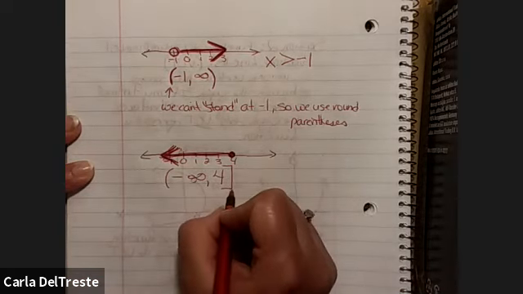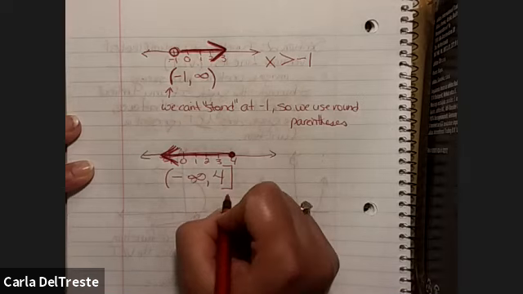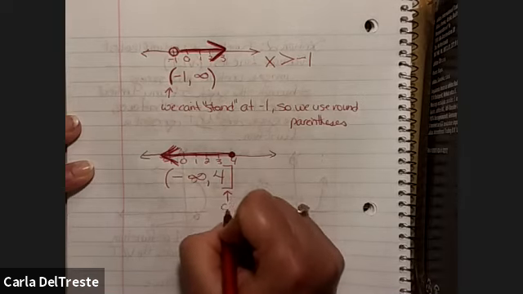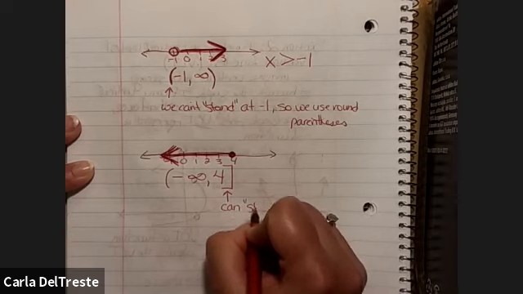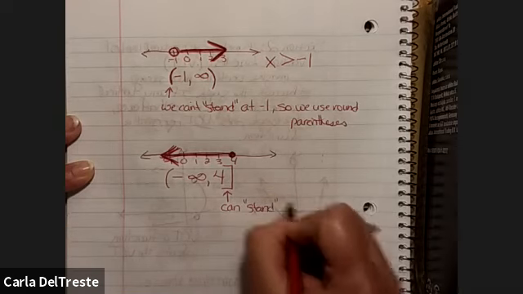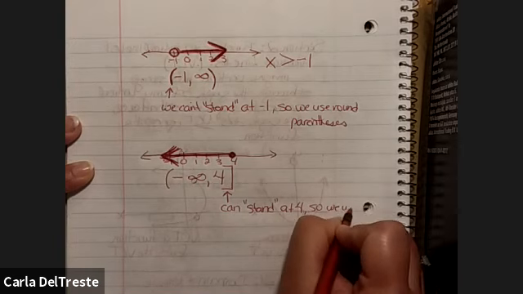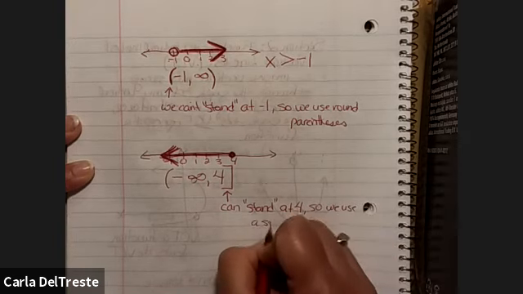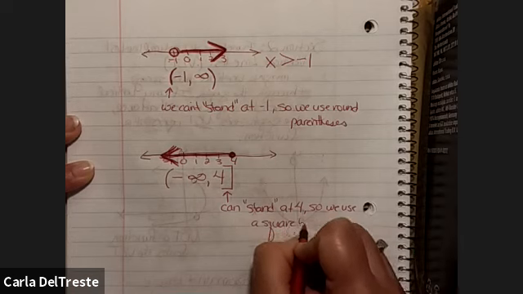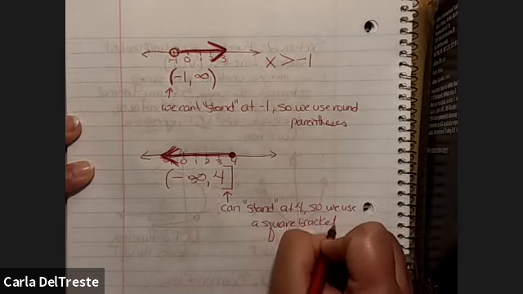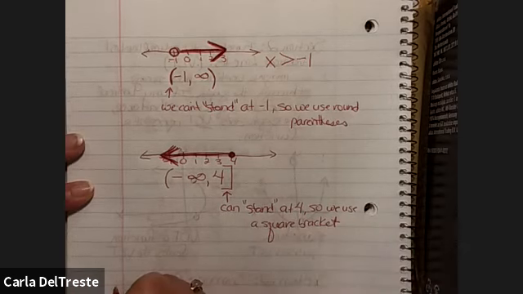So see the square bracket this time. The square bracket is used because we can, quote unquote, stand at 4. So we use a square bracket.